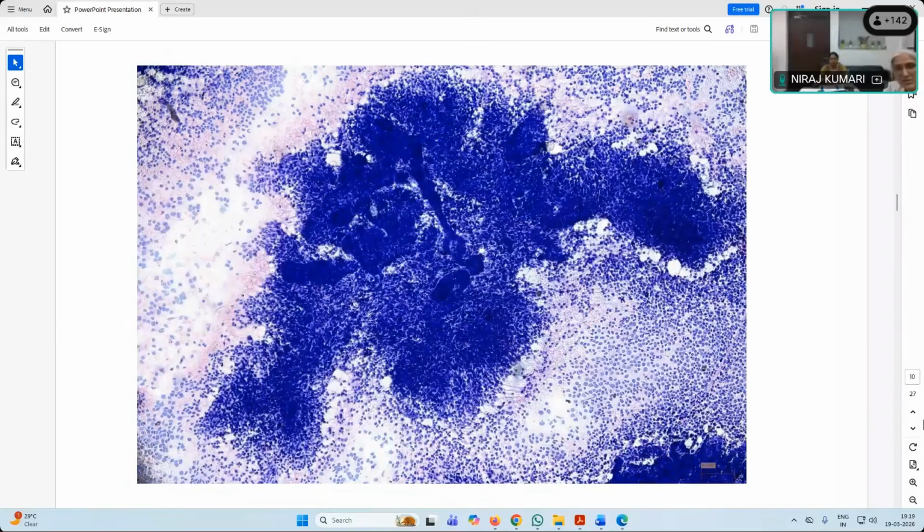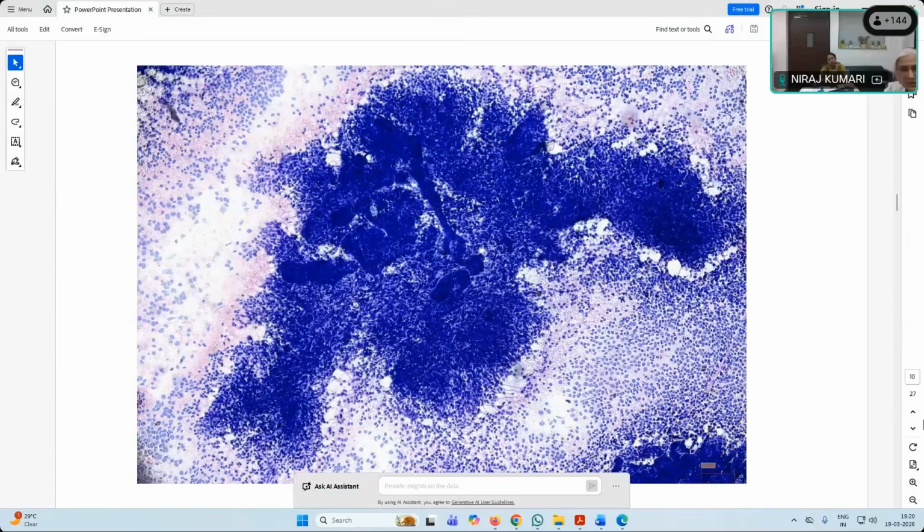So now, in this image, can you describe this picture? This is showing overlapping clusters, ma'am, as well as discretely arranged cells. Okay. Anything else? Overlapping, why do you say?